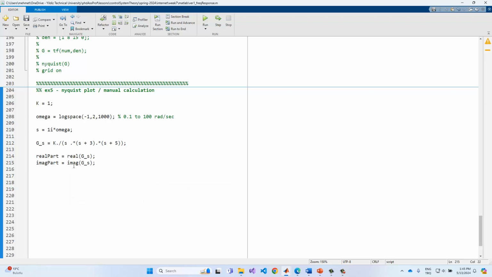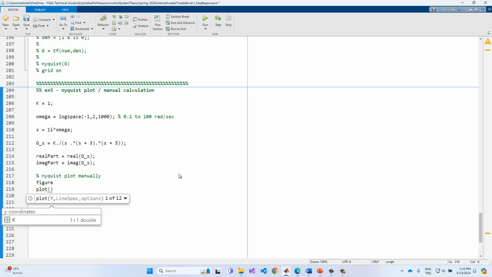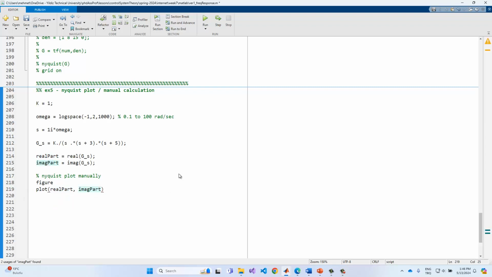And so we have the imaginary and the real parts, and then we can plot these values, just like this one. The Nyquist plot manually equals the figure of the plot of the real part and the imag part, right?